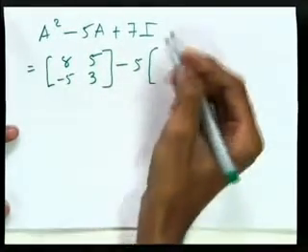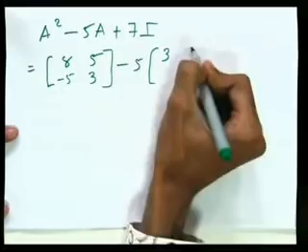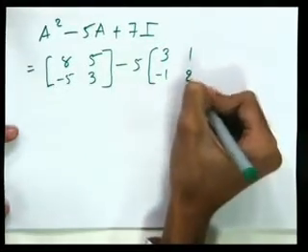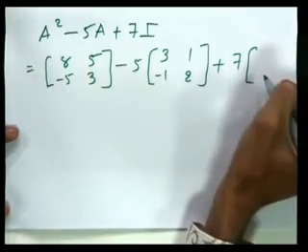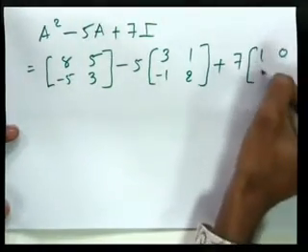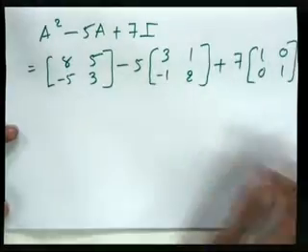So 5 into A is equal to 3, 1, minus 1, 2, plus 7I. I is the identity matrix of 2 by 2 size. So it is 1, 0 and 0, 1.